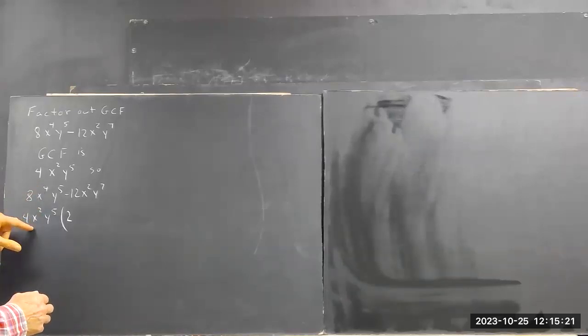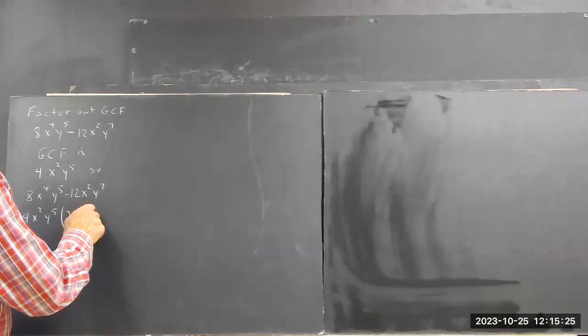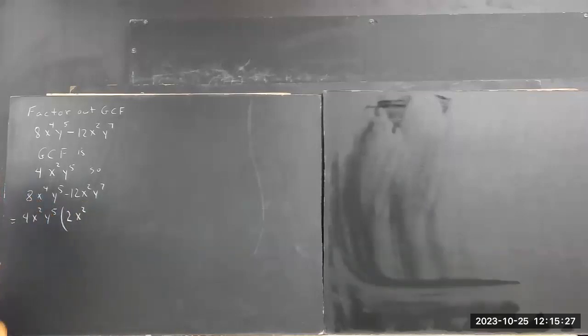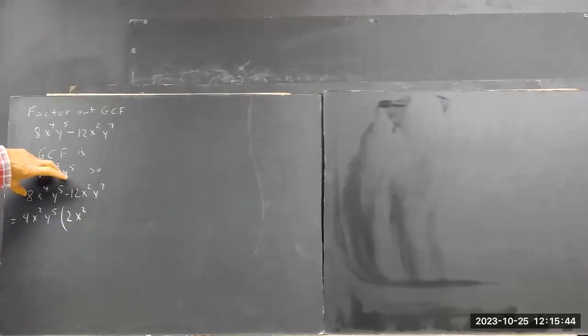What do I have to multiply by x squared to get x to the 4th? Well, it should be clear that x squared times x squared is x to the 4th. And I already have y to the 5th here, so I don't need anything more. If I multiply this by 2x squared, I'm going to get this. Again, 4 times 2 gives me 8. x squared times x squared gives me x to the 4th. So when I multiply this, I'm going to have this term.